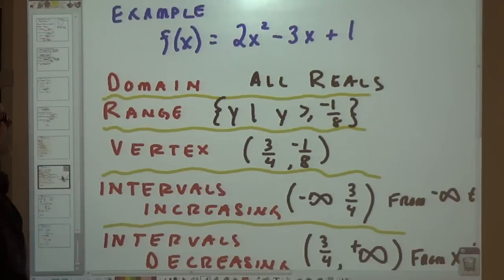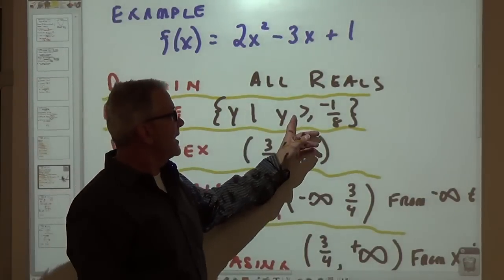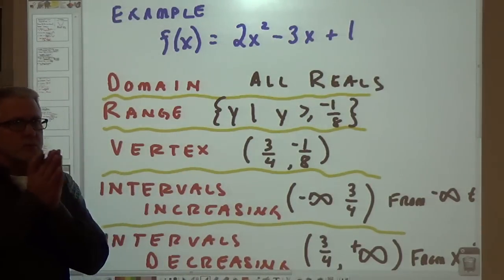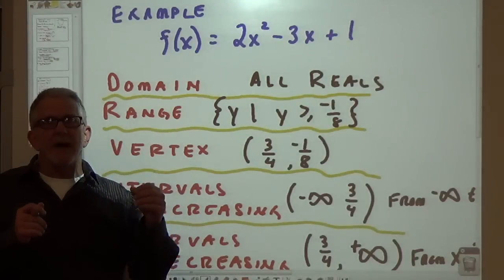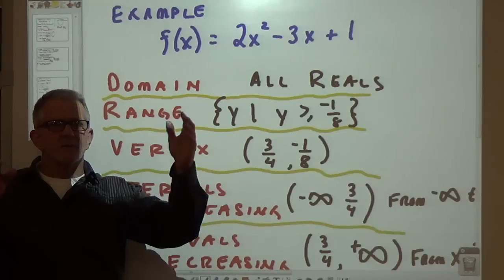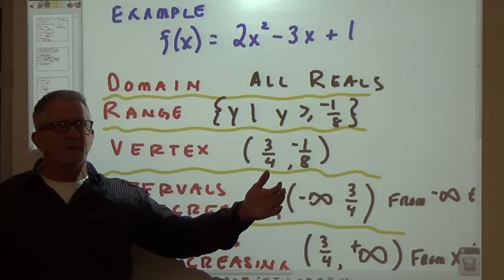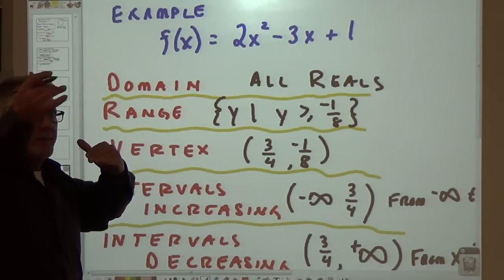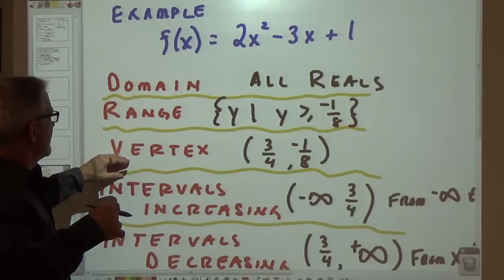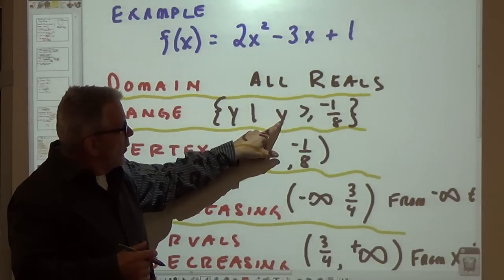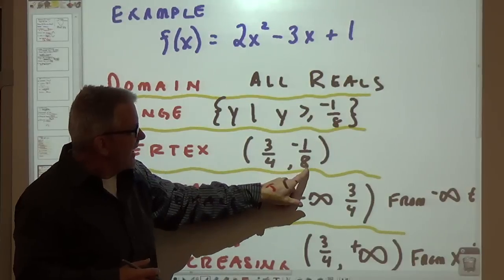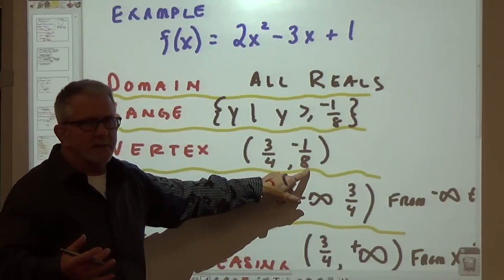Since I know that, the domain is all reals. Hey, A is positive, so it has a minimum point. So my range, if I look back at my notes, is all y's greater than or equal to negative 1/8. That's the y-coordinate of the vertex.